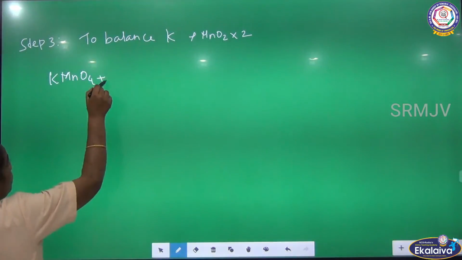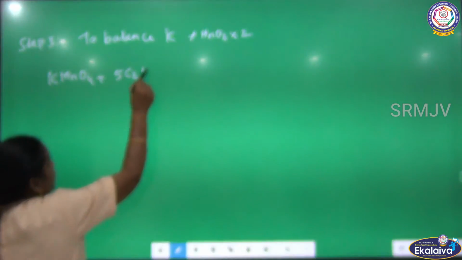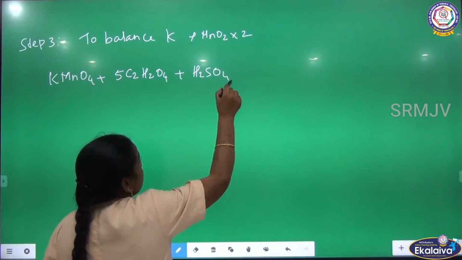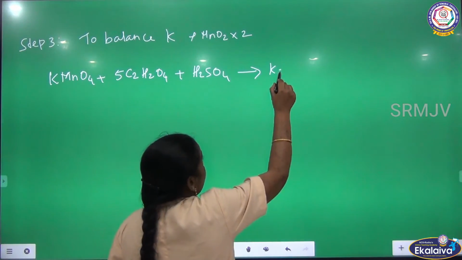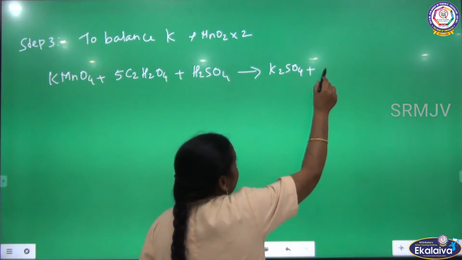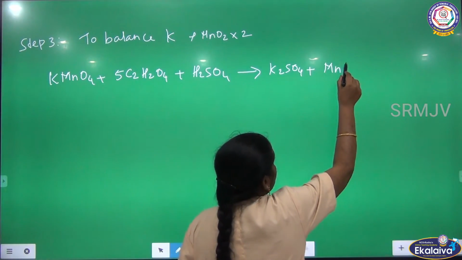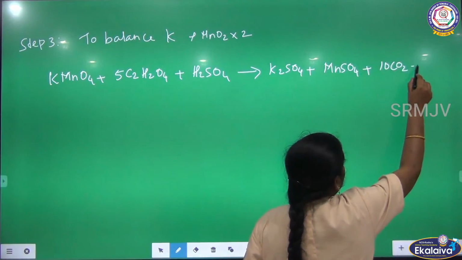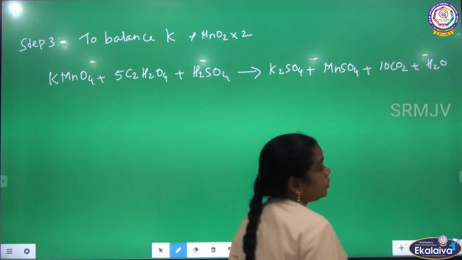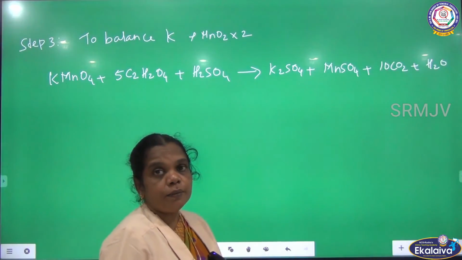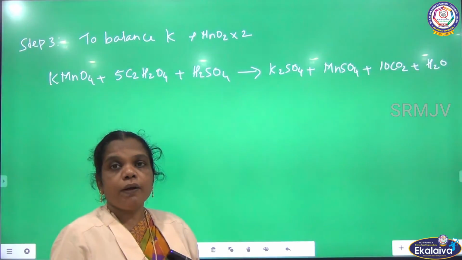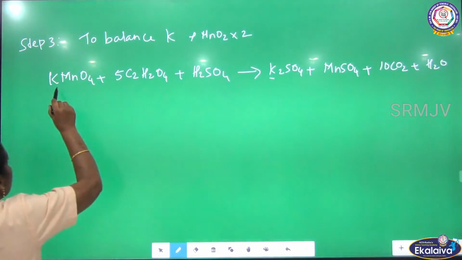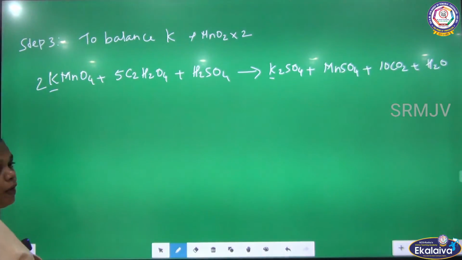Now KMnO4 plus 5 C2H2O4 plus H2SO4 gives K2SO4 plus MnSO4 plus 10 CO2 plus H2O. Now carbon alone is balanced, manganese balanced. To balance potassium, we want to multiply KMnO4 also by 2. So to balance potassium, you have to multiply this by 2.